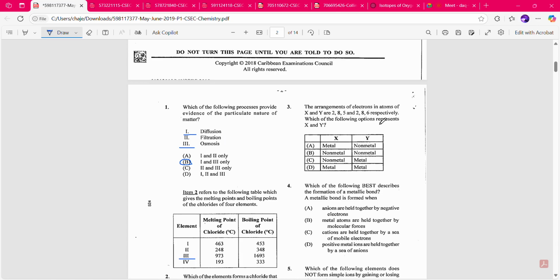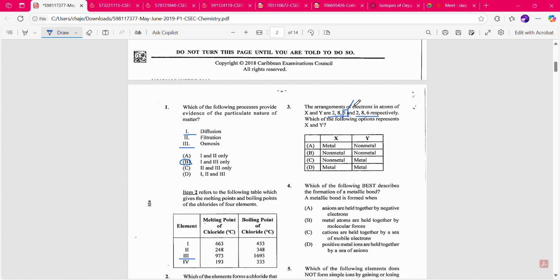Number three, the arrangement of electrons in atoms of X and Y are 2,8,5 and 2,8,6 respectively. Which of the following options are true? From the get-go, both have 3 shells. However, element X is in group 5, which means that it's a non-metal.